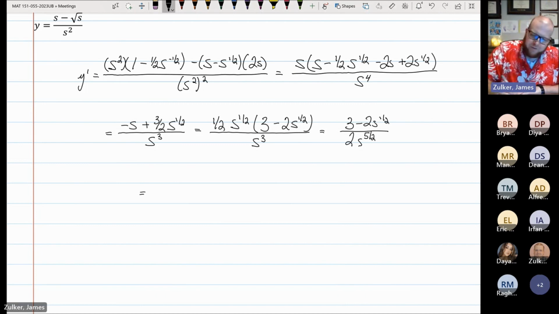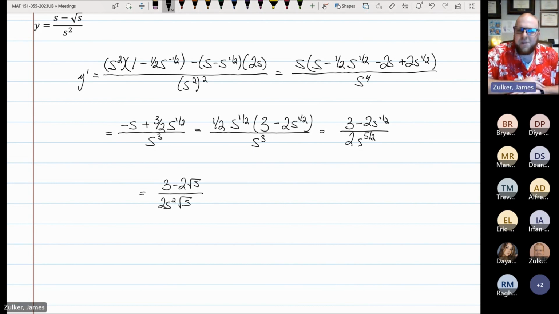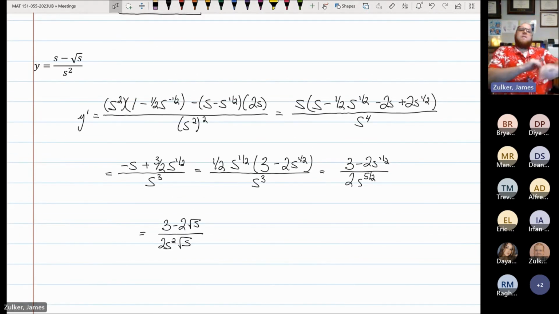If we just write this now with radicals, three minus 2 root s all over 2s squared times square root of s. A lot of algebra there.